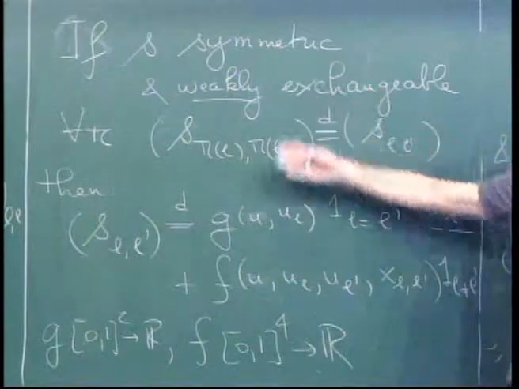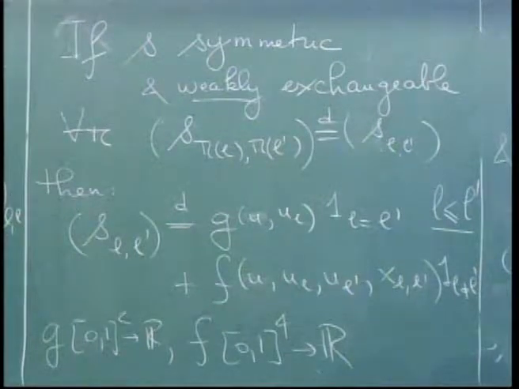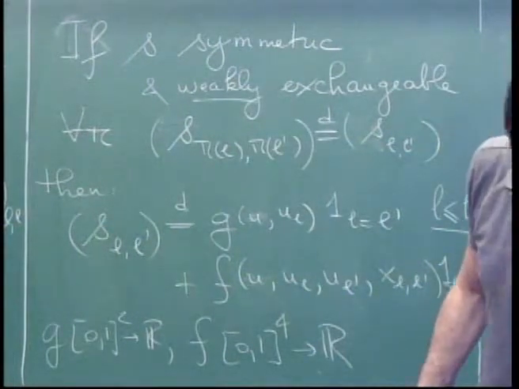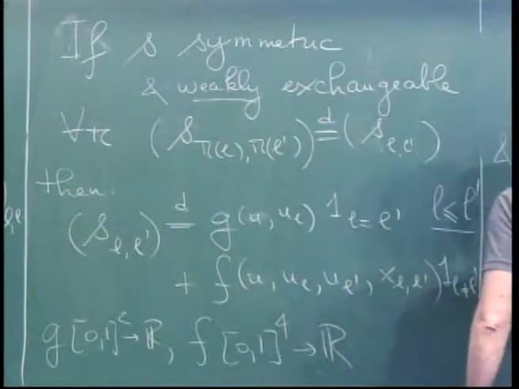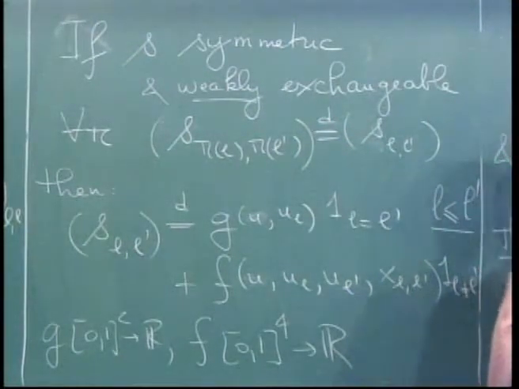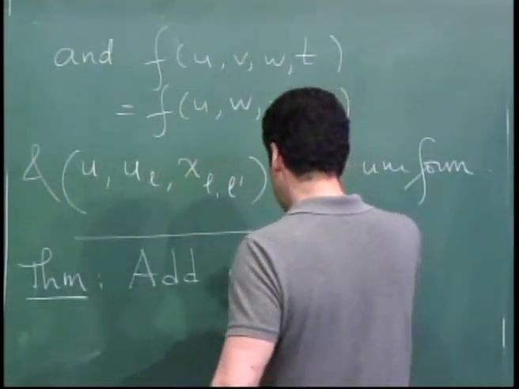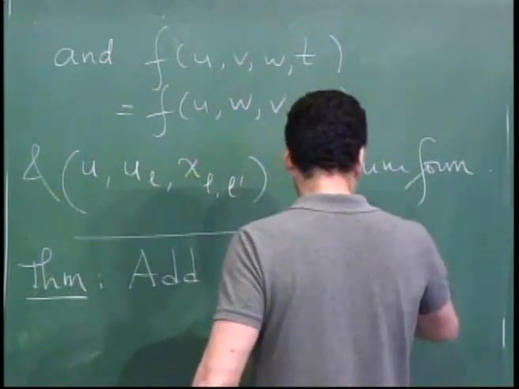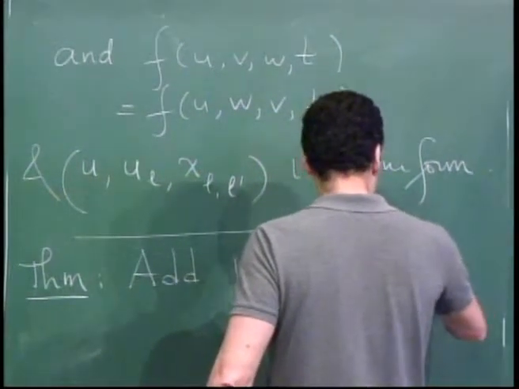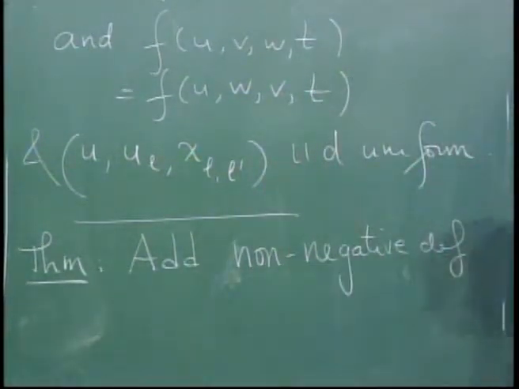So what is missing in this property? The non-negative definiteness, right? So the next step is when you go from here and you add the non-negative definiteness. So the next theorem is: if you add the fact that S has the property of non-negative definiteness, for S, right?